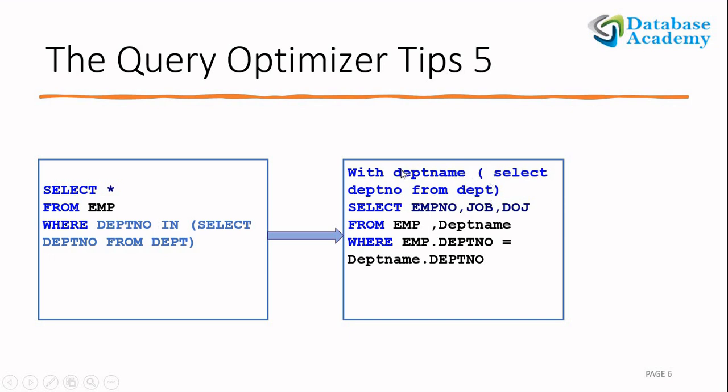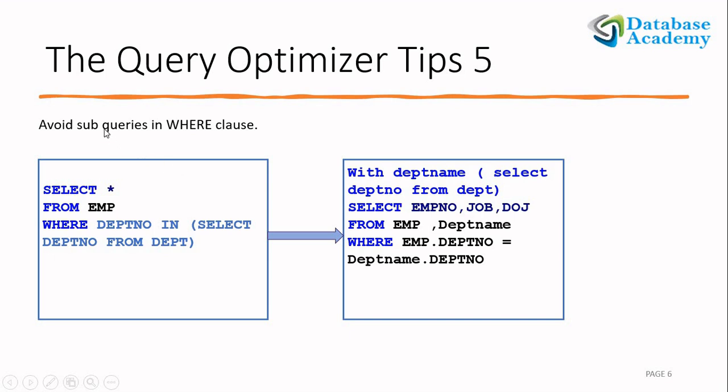This department name we can use in a join condition. Here we can make a join between employee and the department name which we created here, and then in the where condition we can make a joining condition saying that department number from the employee equals the department number from the department name table. So that's how we can improve the performance of a select statement.